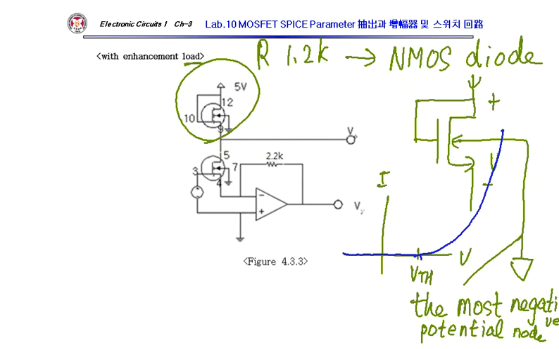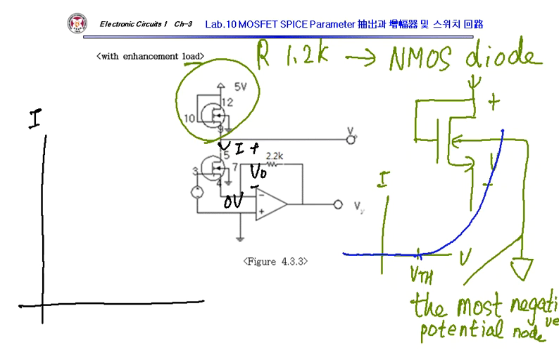So for this one, let's look at this I versus VO. You know, this is a virtual ground 0, right? What's the transistor characteristic? This is a driver. This is a load, right?